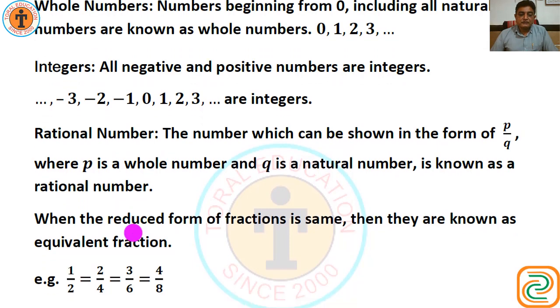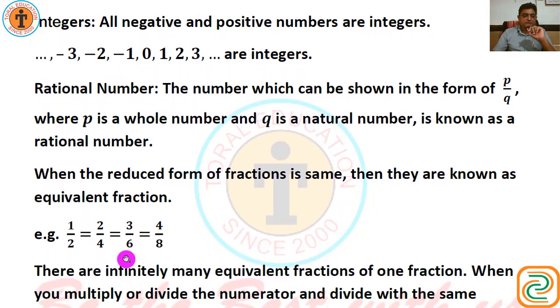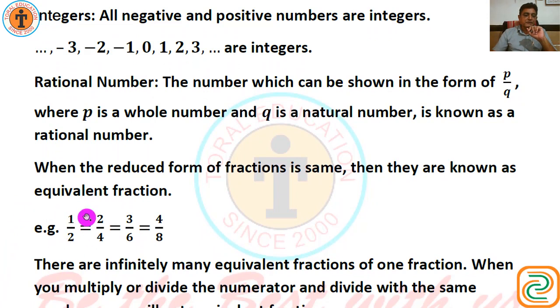When the reduced form of fractions, that means P upon Q, is the same, then they are known as equivalent fractions. Equivalent means they are equal in the reduced form. Look here: 1 upon 2, 2 upon 4.